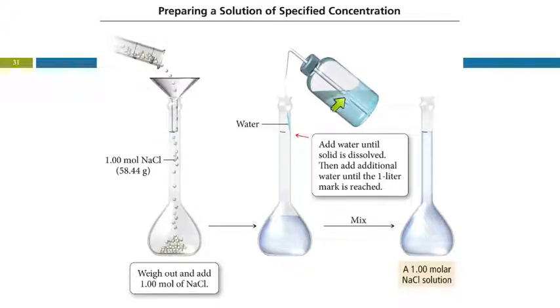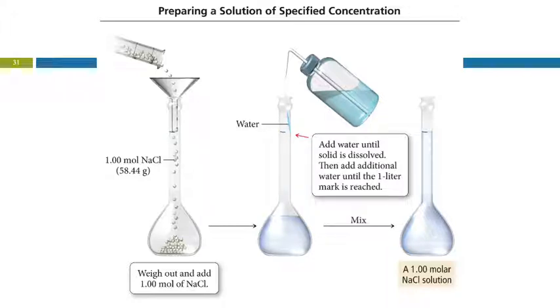And then we're going to add our solvent and add some water. Because of the shape of this flask, you don't want to fill it all the way up right away, because it becomes very difficult to mix. So you want to fill it up so it's still down in the fat part, and then you can swish it around until the salt's all dissolved. Then you're going to add more water. All of these volumetric flasks are going to have 1 line on the neck.